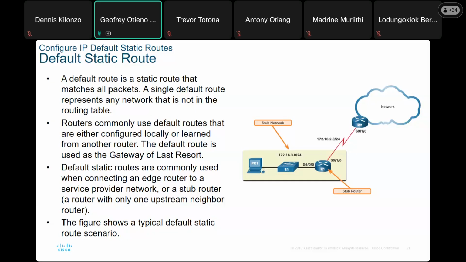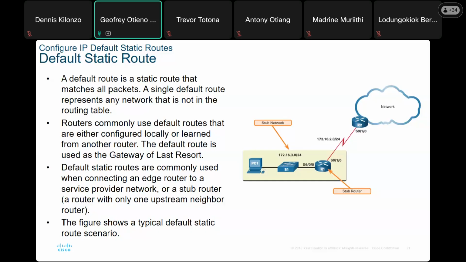So remember, on your network, other than the networks that you are receiving, this is a result of the configurations that you have done. But when you set a default static route, it means it will go beyond what you have set and bring in for you a packet whose network is not within your routing table through static.